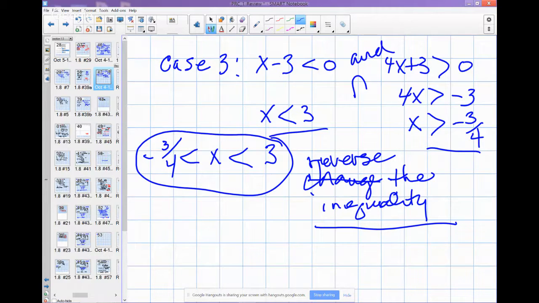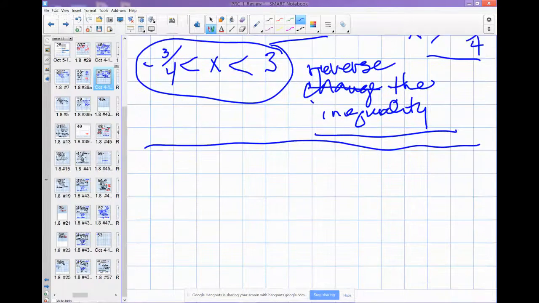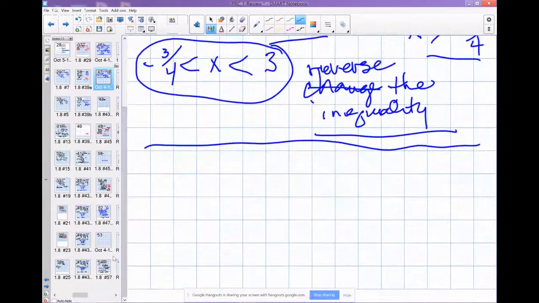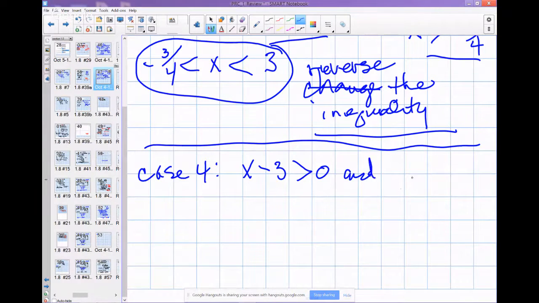And guess what? We're still not done. A case 4. In case 4, what did I do up on case 3? I said the first one was negative and the second one was positive, so let's reverse that. Now the first one is positive, and the second one is negative.